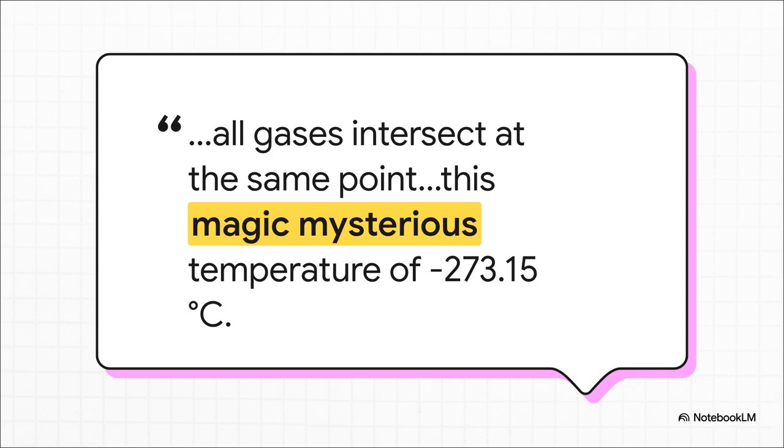And when they plotted this out, they saw something incredible. They noticed that no matter what gas they used, hydrogen, helium, you name it, all the trend lines pointed to the exact same spot. This, as one source calls it, magic mysterious temperature of minus 273.15 degrees Celsius. That's no coincidence. That's the universe telling us something.